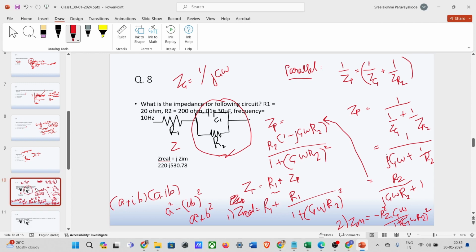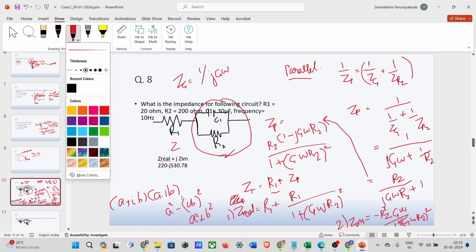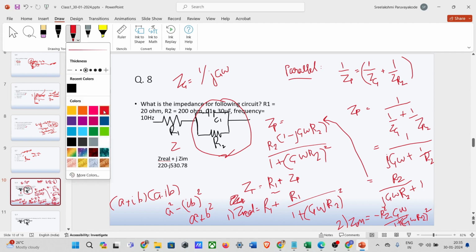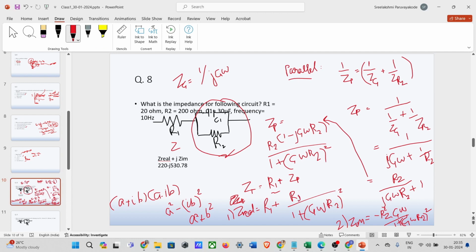Ma'am, in Z real formula, R1 plus R2 divided by. Ah yes, R2. Who can tell the values?